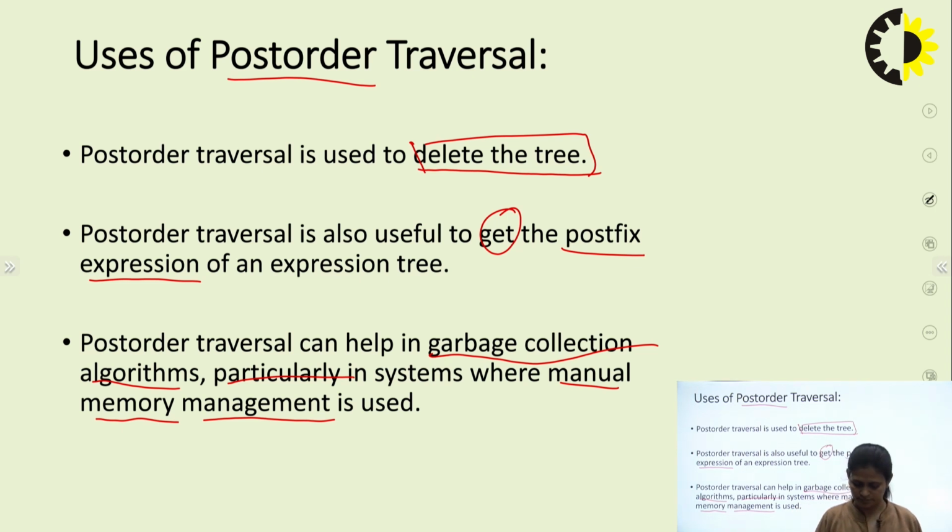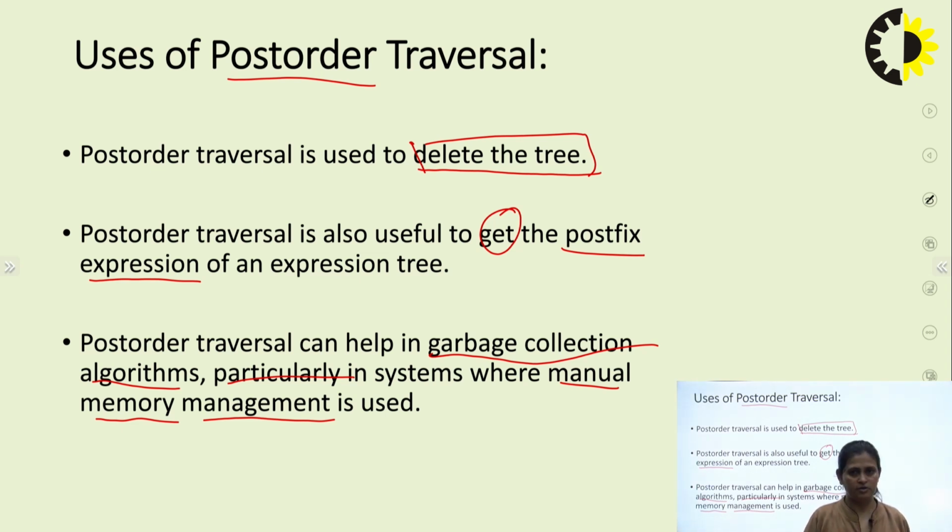So, I have discussed the tree traversal. To sum up, tree traversal means visiting each node of a tree at least once. There are three types: INORDER, preorder, and postorder.